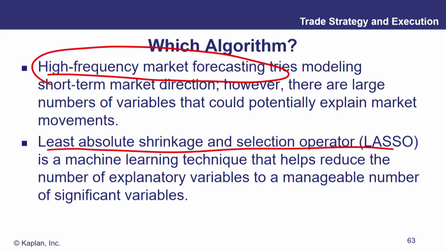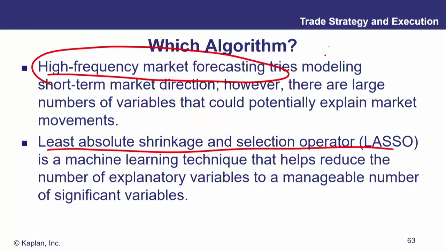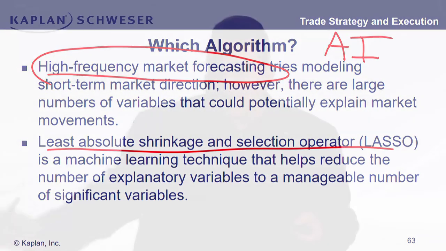It helps reduce the number of explanatory variables, trying to get it to a manageable number of significant variables so it can do a better job of modeling short-term market direction. This is the future of trading. It's happening right now. I imagine people are using it as we talk, but I think it'll be a number of years until they have a lot of the bugs worked out.